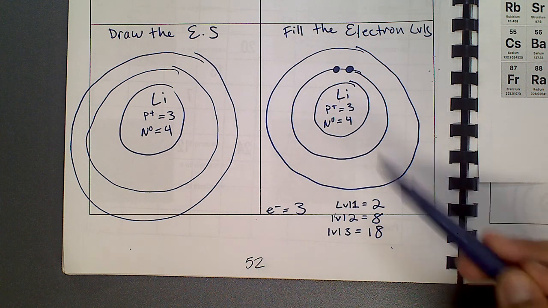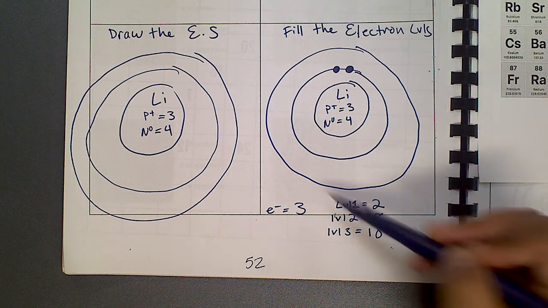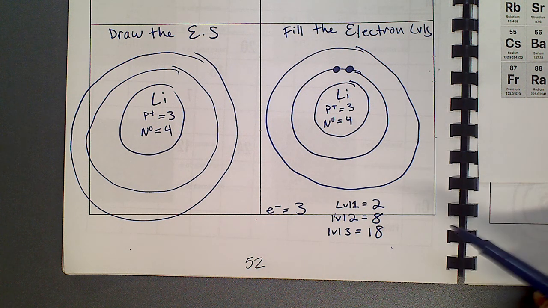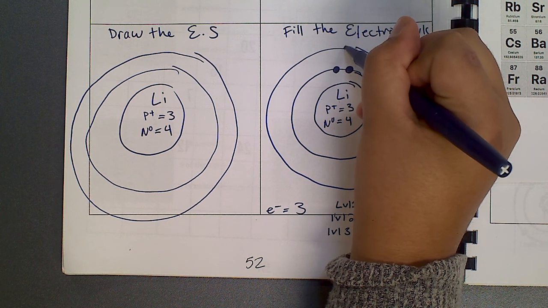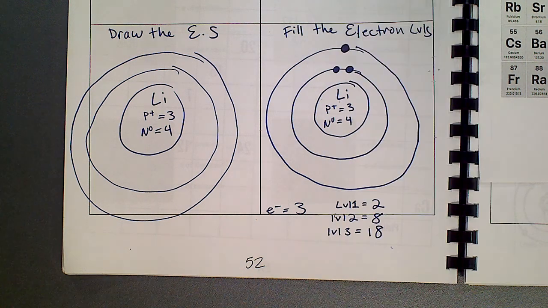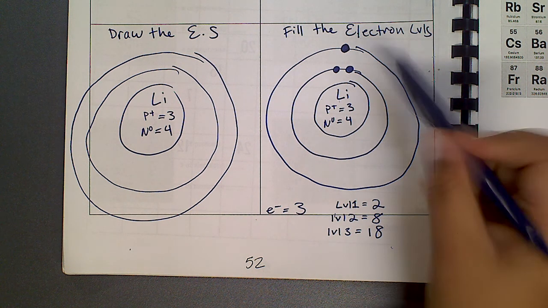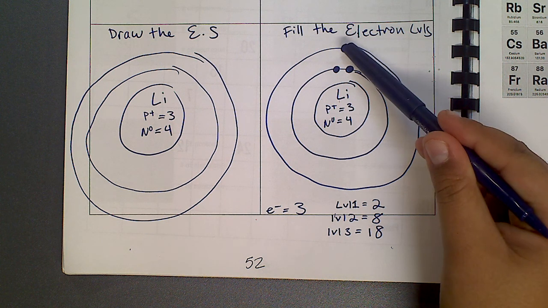But now that we go into the second level, the electrons want to sit away from each other. So we're going to go in a clockwise fashion to fill in the next level. So we begin at the top and we fill our next electron there. And that's it. I've used all 3 electrons. If I had more electrons, I would go clockwise and fill it in separate from each other.